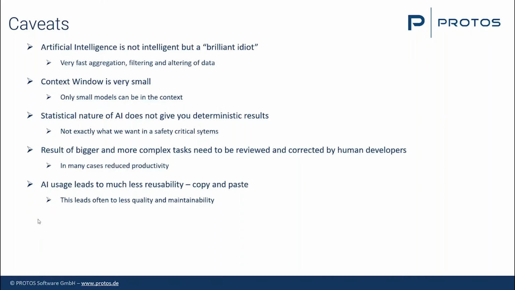And for me as an architect, so I'm a big fan of reusable architecture, things like decoupling, cohesion, modularity, and so on. AI usage leads to a lot of copy and paste. So it leads to much less reusability, and in the end to not very good architectures.